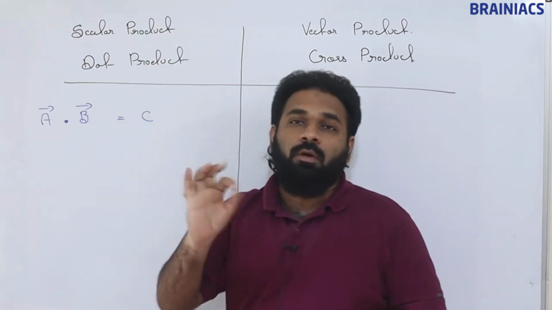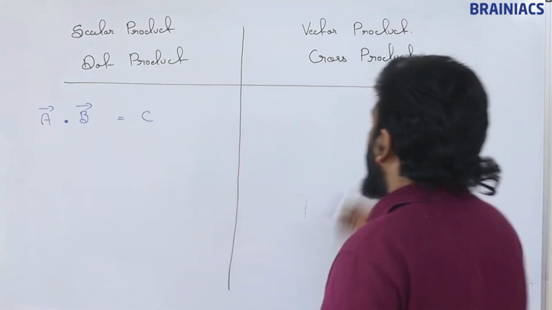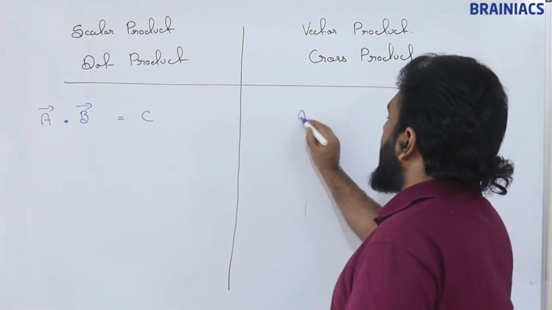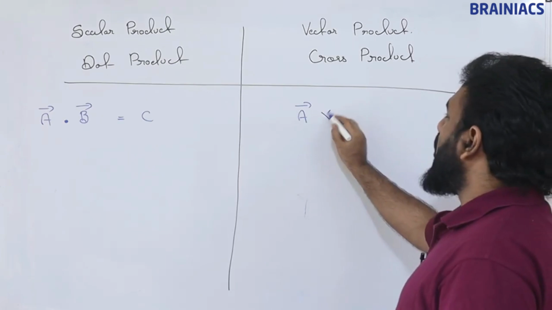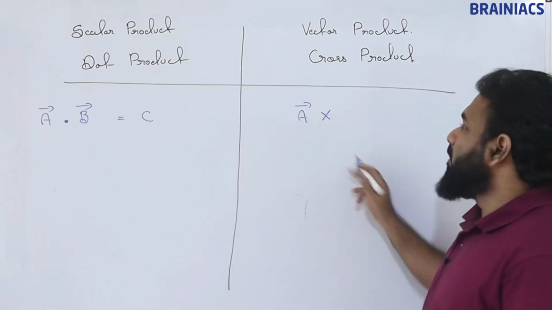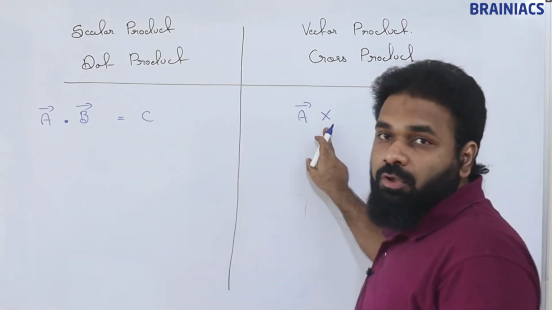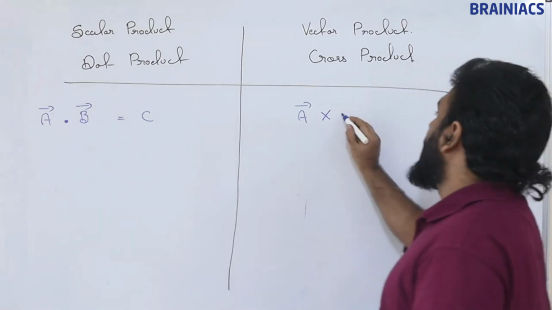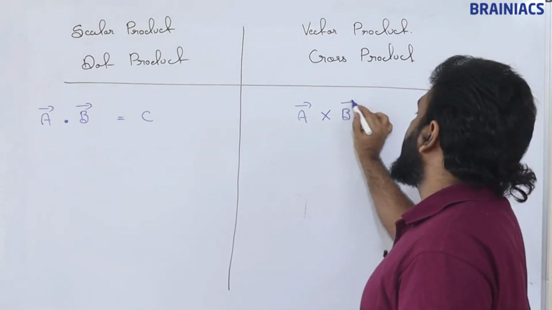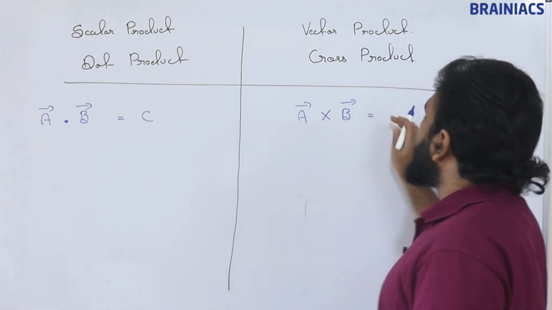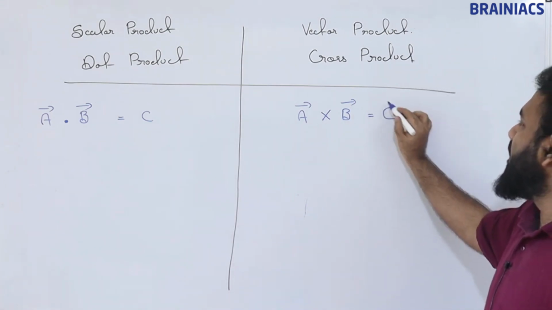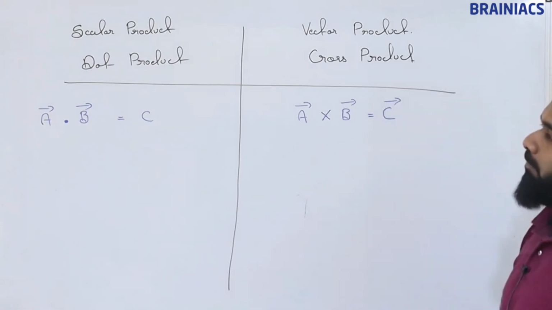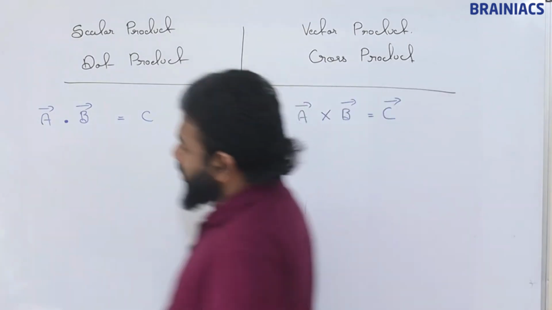We are using dot product. Here A, this is another vector, but we are using the operator cross. So this is not the multiplication operator, this is cross, A cross B. And we will be getting another vector here. So if we write C, this will be a vector. Okay, dot product and cross product.